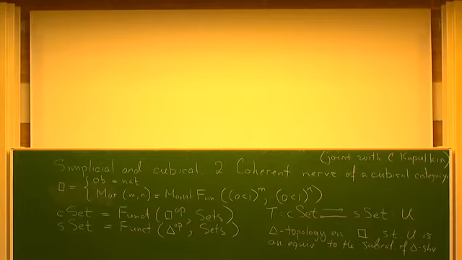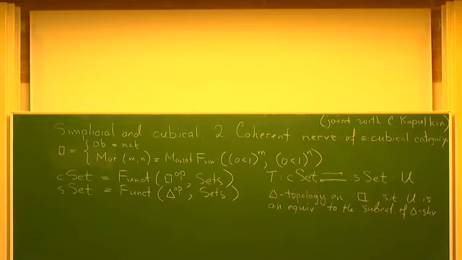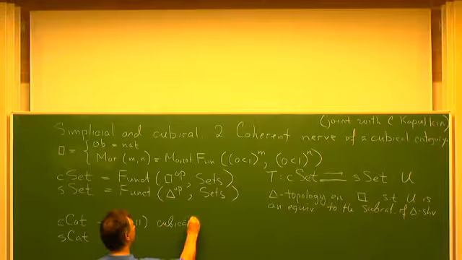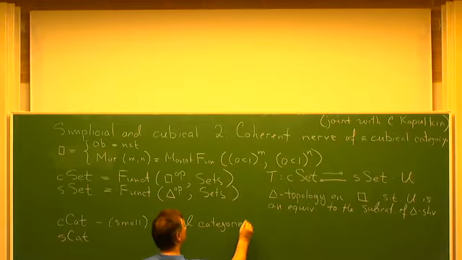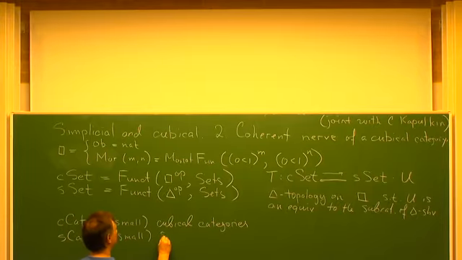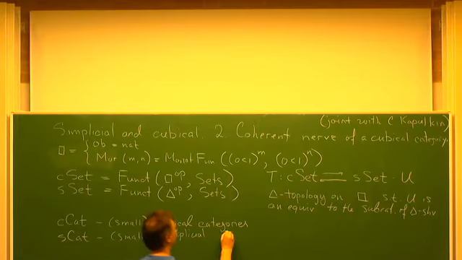Right. So today we want to consider the categories C cat and S cat of small cubical categories and small simplicial categories.